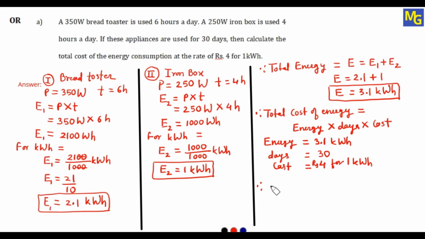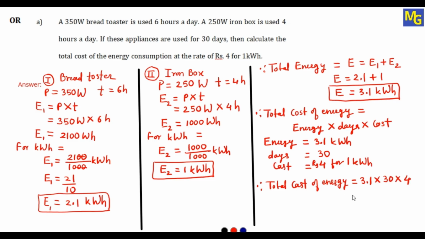Therefore, total cost of energy is equals to, so substitute 3.1 into 30 into 4.